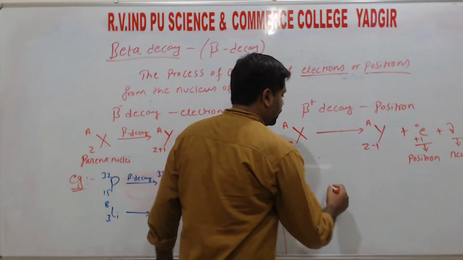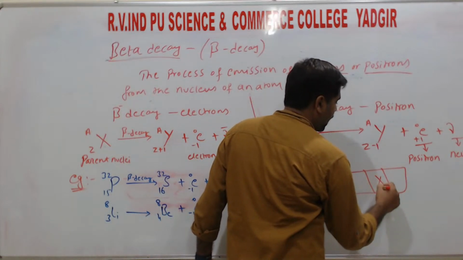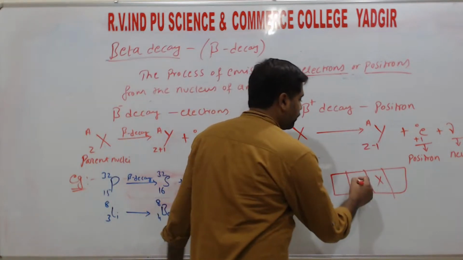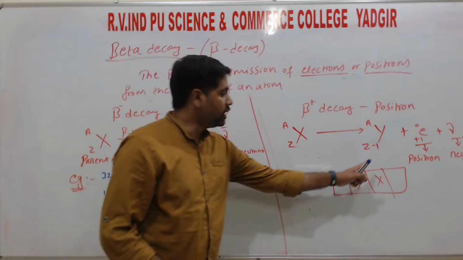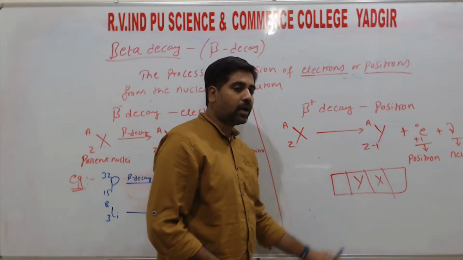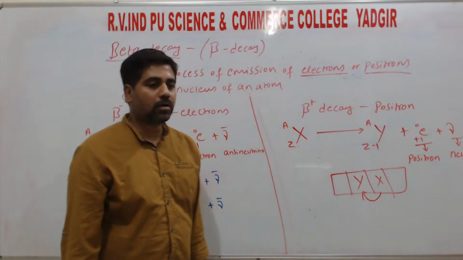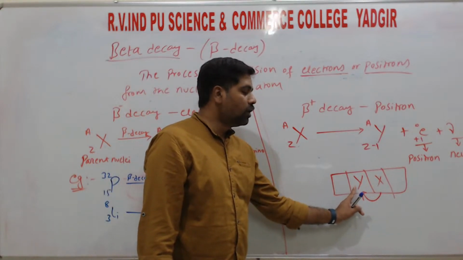So, as in the periodic table, here we have X, the parent nucleus. Then the daughter nucleus will lie one place to the left of the parent nucleus. So X is the parent and Y is the daughter.